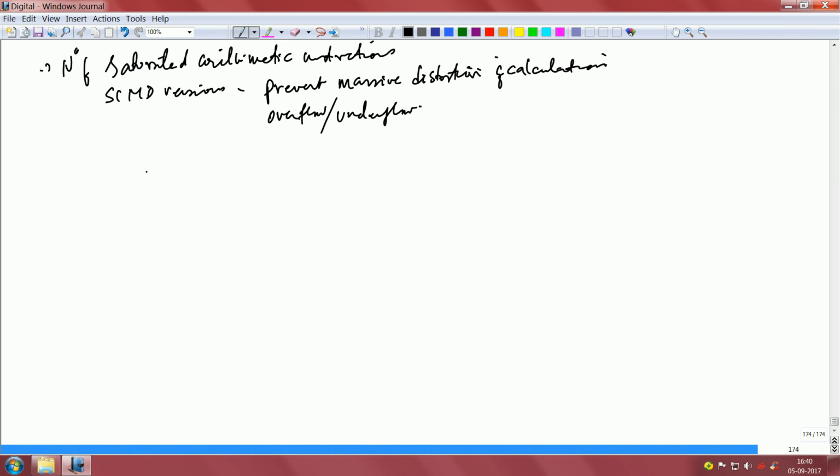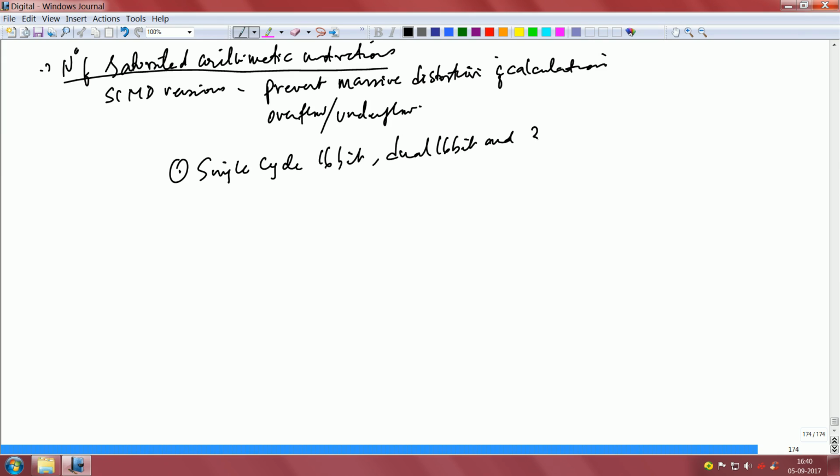If you take some examples of these saturated arithmetic instructions, one example I can give you is single cycle 16-bit, dual 16-bit and 32-bit multiply and accumulate.